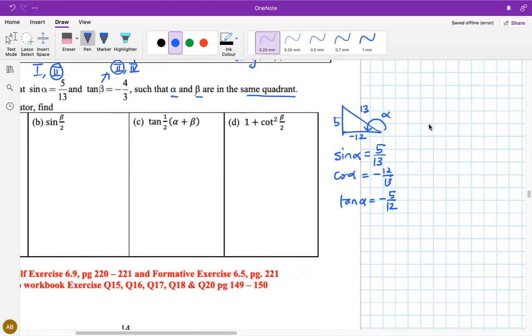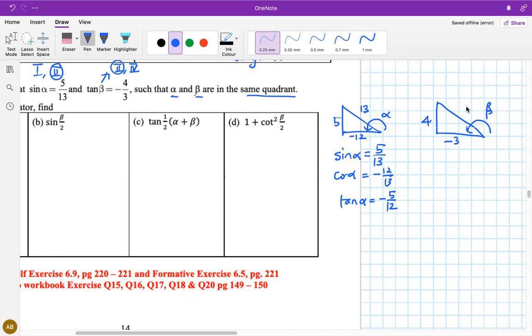Whereas beta is also in quadrant number 2. So this is beta. It said tangent beta is negative 4 over 3. So where is negative? So this is 3. This is negative. Okay, sorry. This is positive 4.